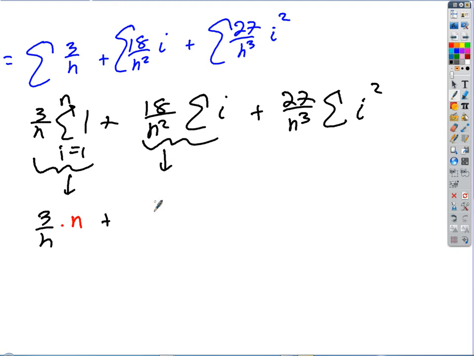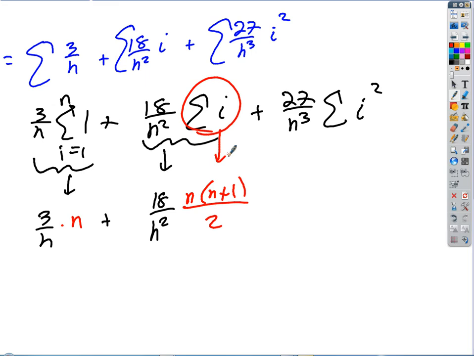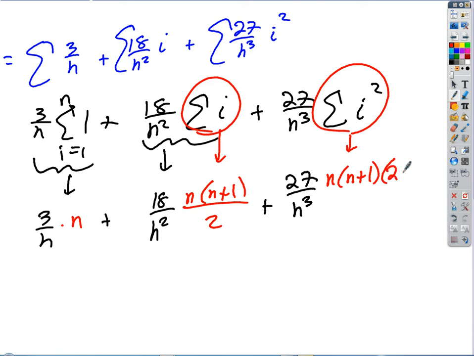Well, we're going to get our 18 over n squared. Do you happen to remember what the sum of i was? Yeah, good. n times (n plus 1) over 2. Plus, this one was what? n times (n plus 1) times (2n plus 1) over 6. Okay?